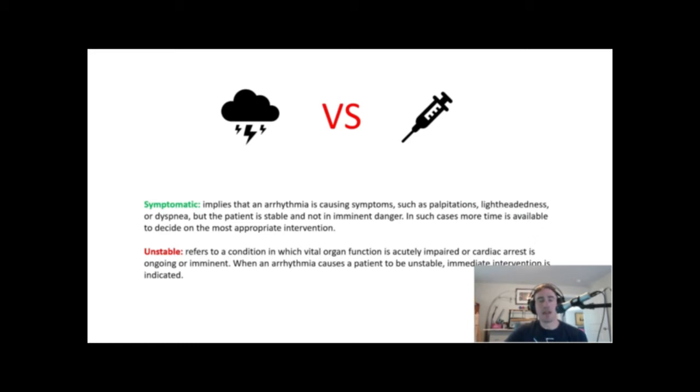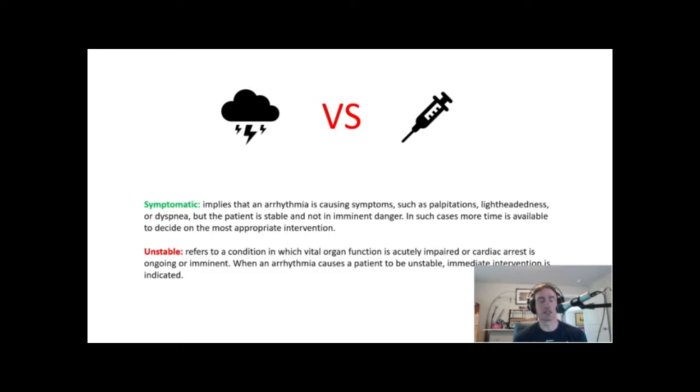A lot of debate is had between when do we shock versus when do we give medications. And we have to differentiate between, is this patient symptomatic versus are they unstable? Now, symptomatic is when the patient is having symptoms.